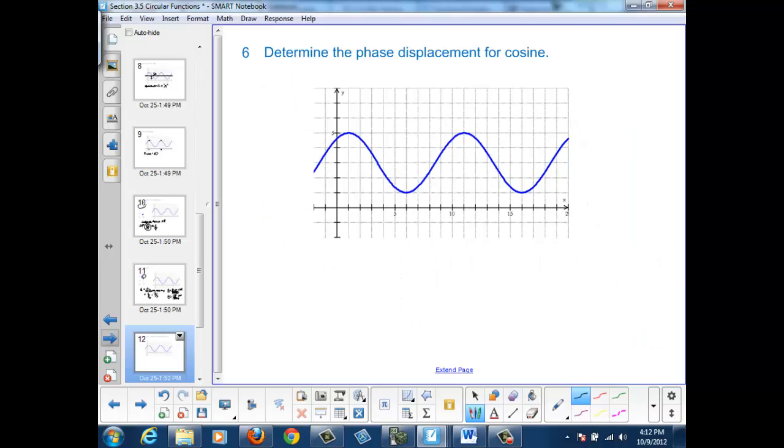To determine the phase displacement for cosine, we remember that our original cosine function starts at a maximum on the y-axis when x equals 0. And we measure the distance from the y-axis to the first maximum, which occurs here at 1. So our phase displacement for this image is 1.